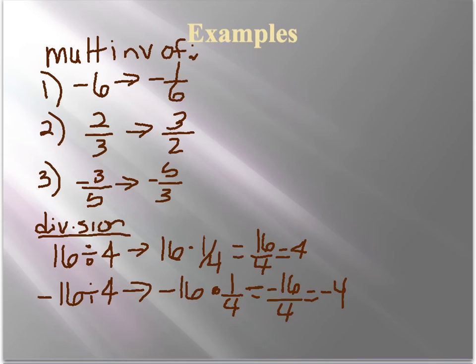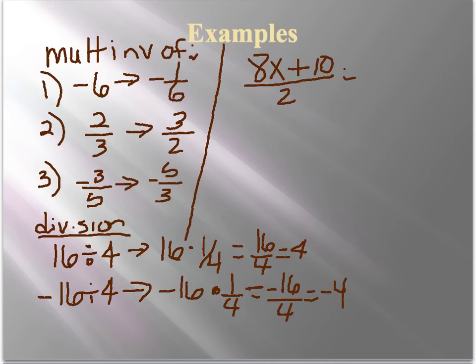Okay, now let's do some other division with algebra. What if I had 8x plus 10 all over 2? Well, I would rewrite that as, oh, I set that up wrong. Hold on a second. Let me erase that.